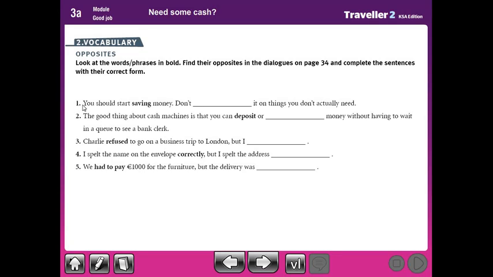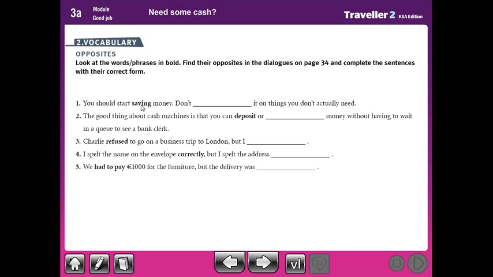1. You should start saving money. Don't spend it on things you don't actually need. What's the meaning of save?